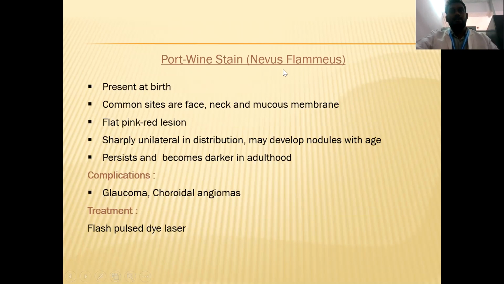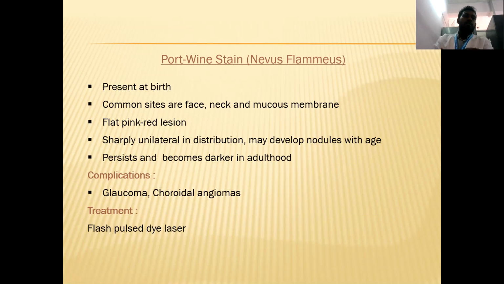Port-wine stain or nevus flammeus, on the other hand, will be present at birth, and common sites are face, neck, and mucous membrane. It also presents as a flat pink or red lesion, sharply unilateral in distribution, and may develop nodules with age.